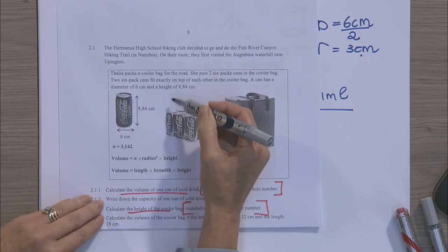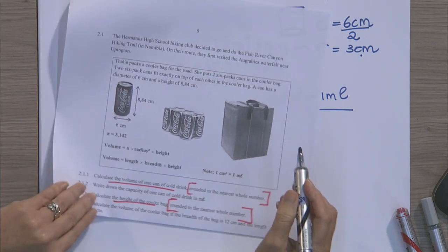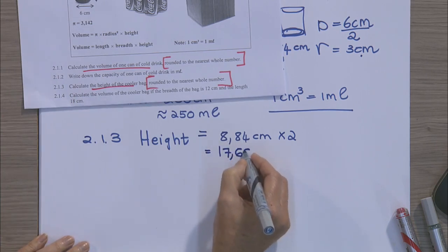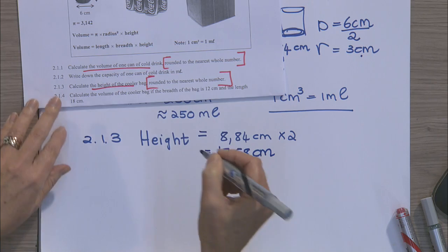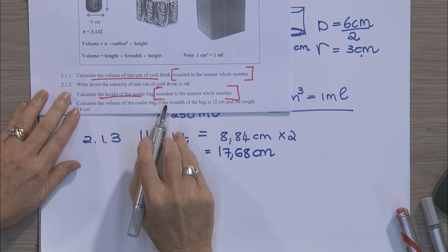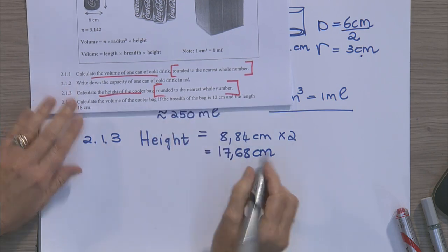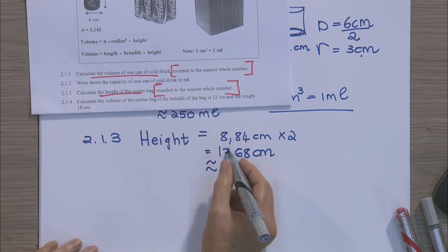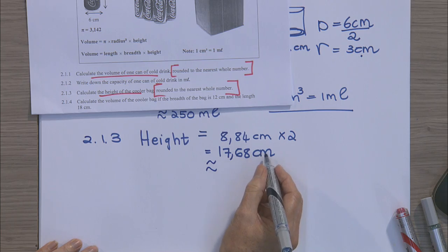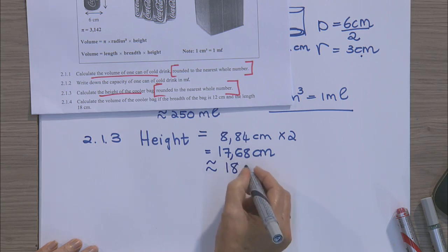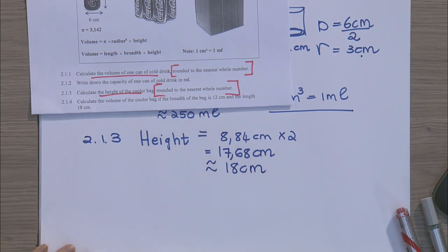Because she's stacking 2 6-packs on top of one another. And then it gives me 17.68 centimeters. Now I want to go back to the second part of this question where it says round it to the nearest whole number. So if I take 17.68 centimeters and round it to the nearest whole number, it is 18 centimeters.